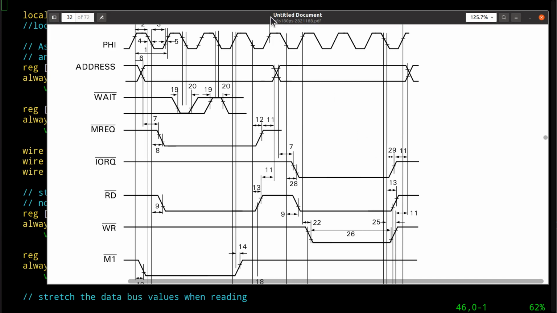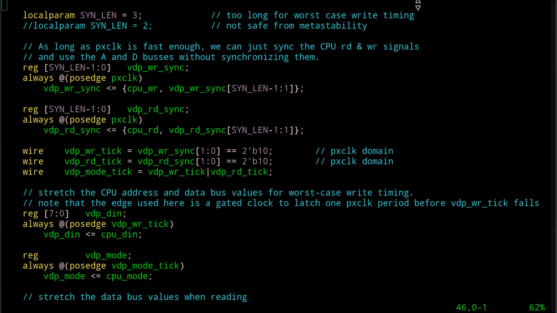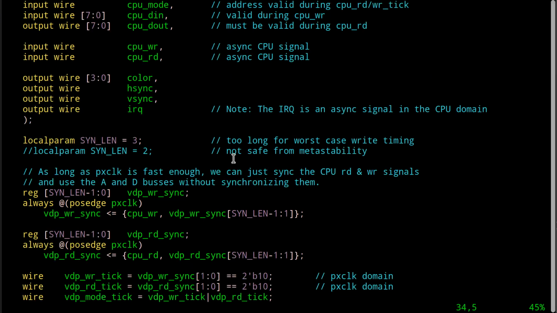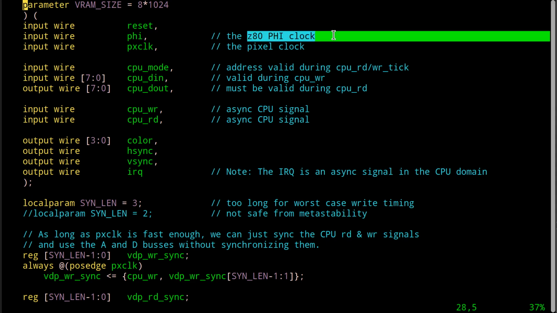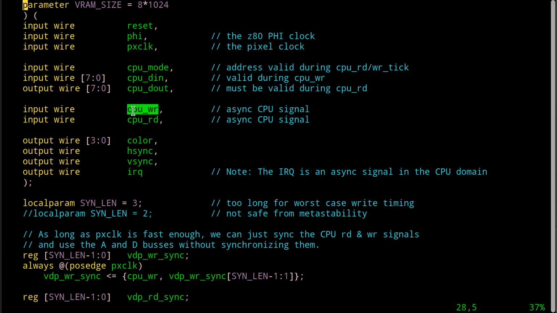And additionally, as you just saw, those are also filtered and only become true when the CPU is actually trying to access the VDP. So these are already fully decoded from the CPU's perspective in the CPU's phi clock domain. When that's true, I will write to the VDP. When this is true, I will read from the VDP from the CPU's perspective.